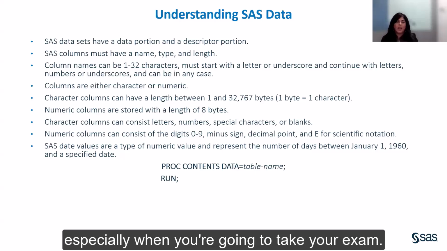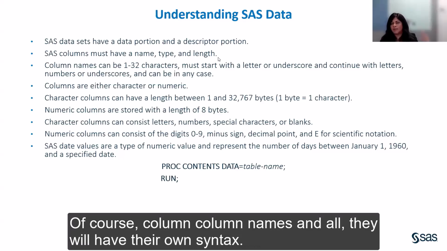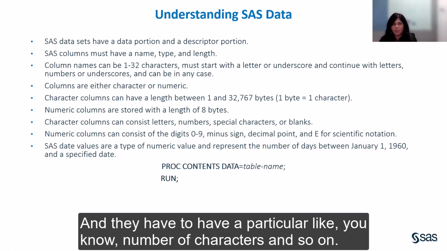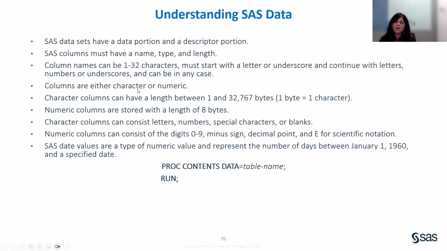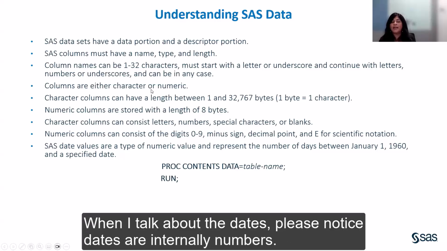Especially when you're going to take your exam. By the way, in case of SAS, you have either character data or numeric data. Of course, column names and all will have their own syntax, and they have to have a particular number of characters and so on. Character or numeric data. So even dates, when I talk about dates, please notice dates are internally numbers.